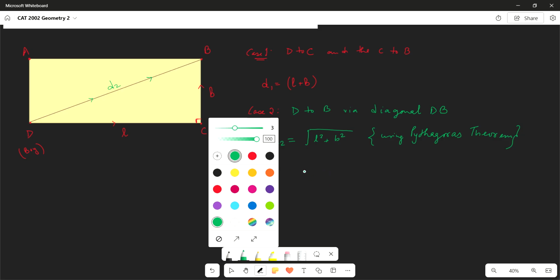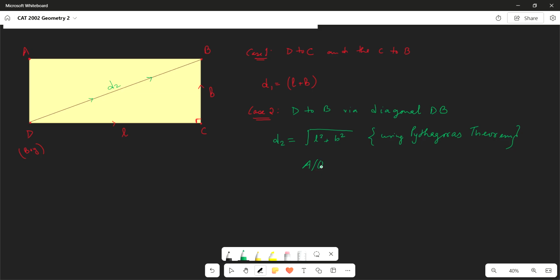Now, as per the question, in case 2 the distance saved is half of the length of the longer side. Let L be greater than B, this is just an assumption. So what is the distance saved here?